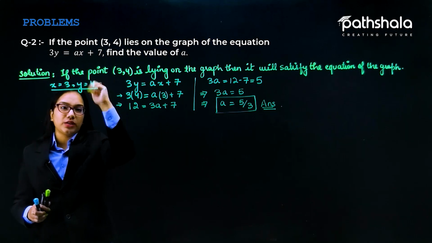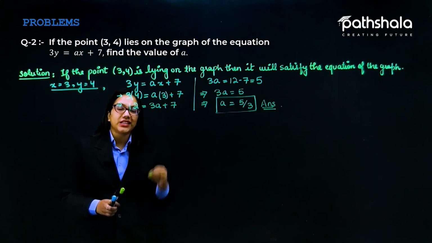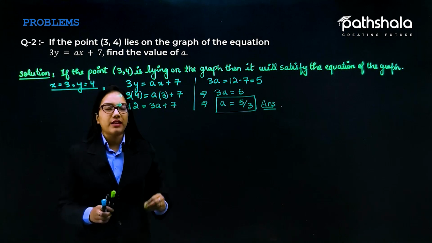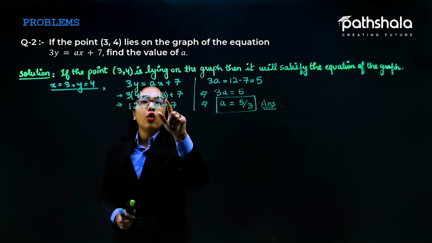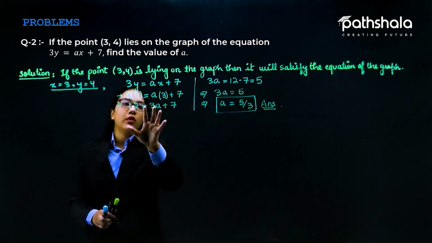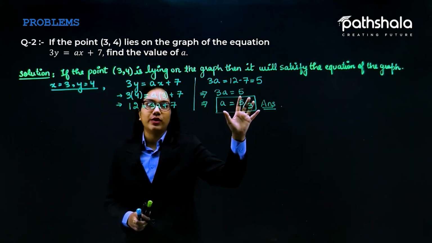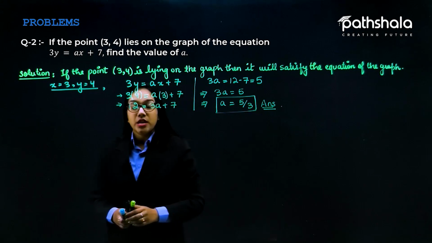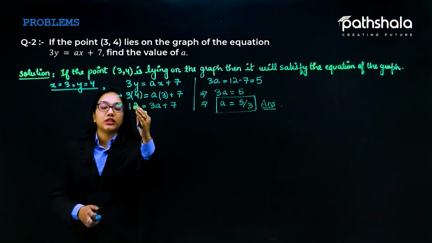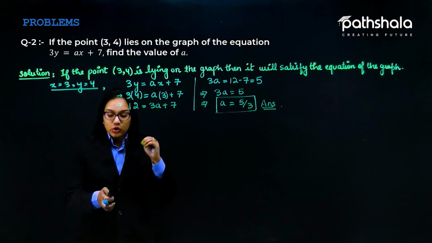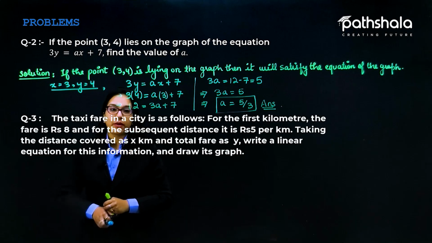So if x is 3 and y is 4, we substitute y as 4 and x as 3, and after solving we get a equal to 5 by 3 at the end. So this is all about question number 2. I hope the steps related to this question are clear to you. So let's move on further towards question number 3.